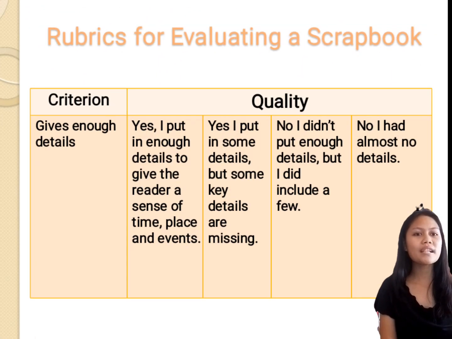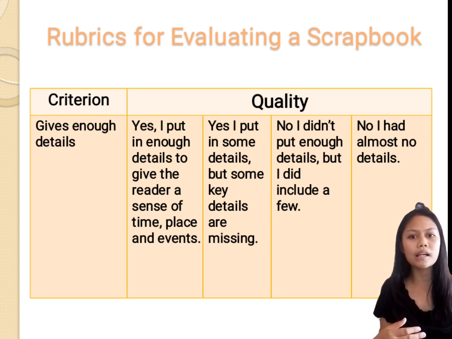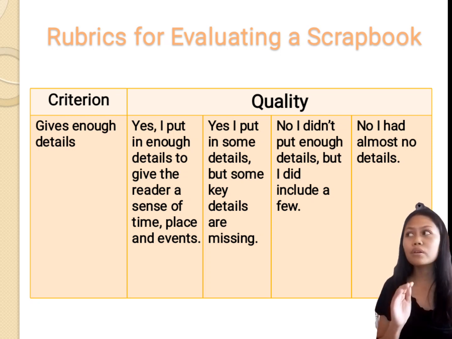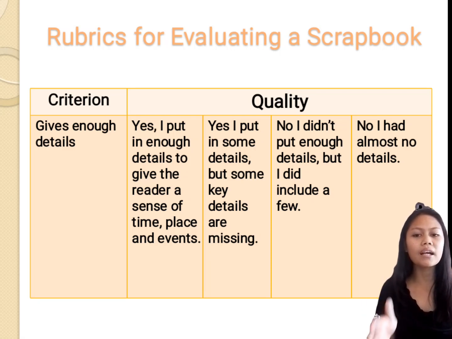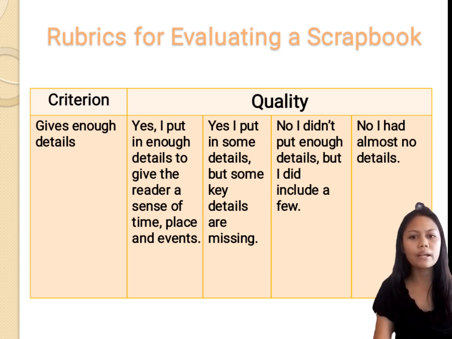The second one is the rubric for evaluating a scrapbook. For the criterion of this rubric, you should always give enough details. We should not focus only on the physical appearance or the design of the scrapbook or portfolio, but we also need to give enough details, because the important thing in a scrapbook is the details that you include in that specific activity.